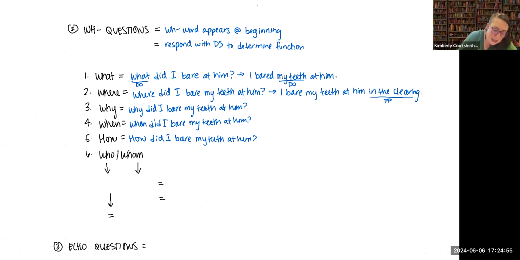So who is the subject form of the pronoun, whereas whom is the object form of the pronoun. And we'll talk a little bit about this distinction and whether or not it's important.